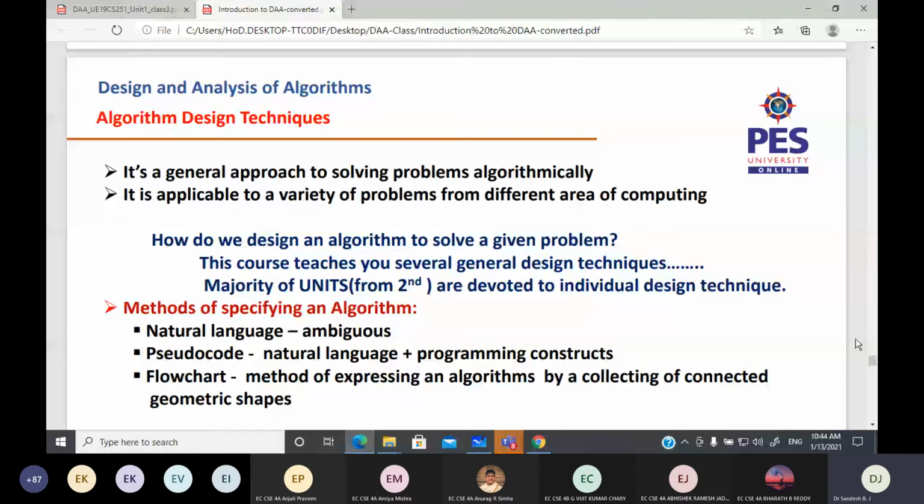Once you design the algorithm, you need to specify it. There are different ways you can specify an algorithm. You can specify the algorithm using natural language, but it is kind of ambiguous in nature.